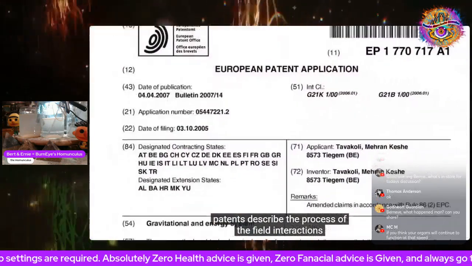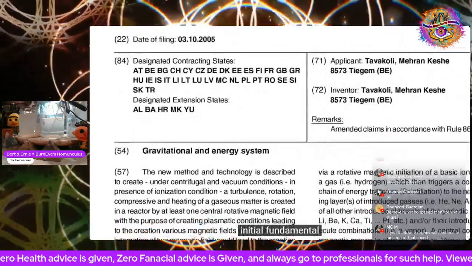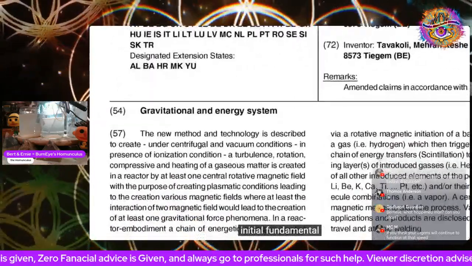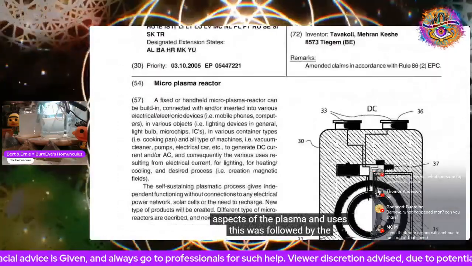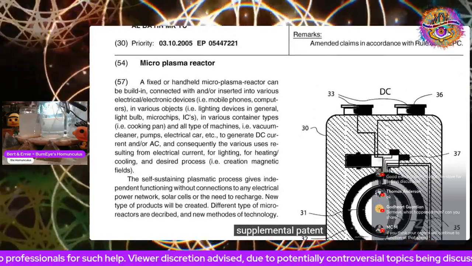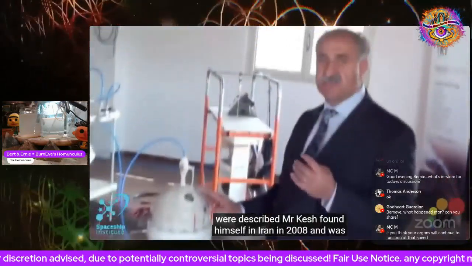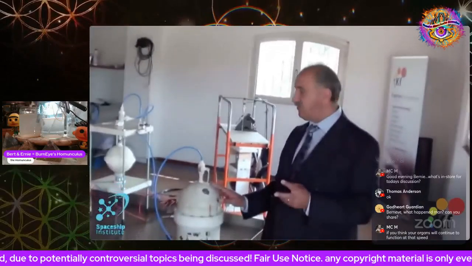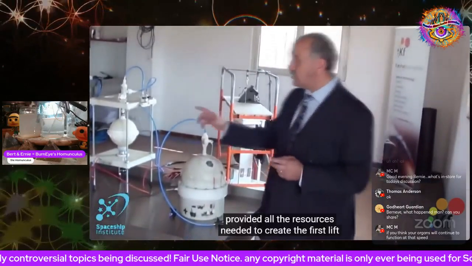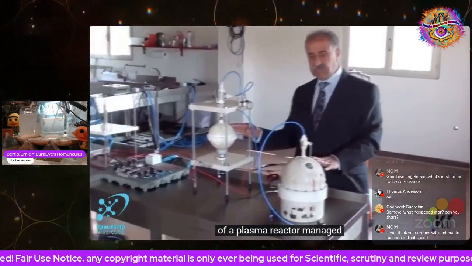The main patent, Gravitational and Energy System, described the initial fundamental aspects of the plasma and uses. This was followed by the supplemental patent, Microplasma Reactors, where further uses and advancements were described. Mr. Keshe found himself in Iran in 2008 and was provided all the resources needed to create the first lift of a plasma reactor managed by the Iranian government.